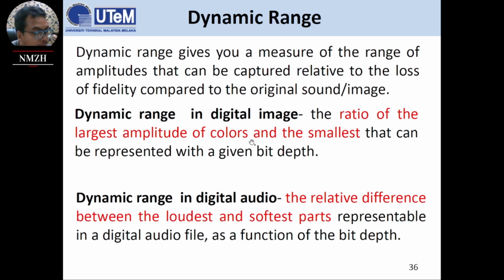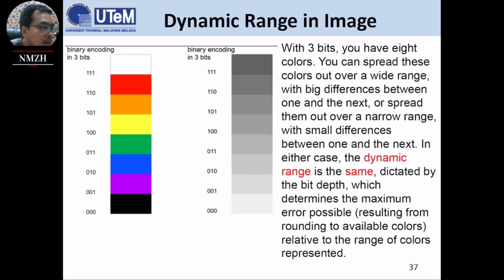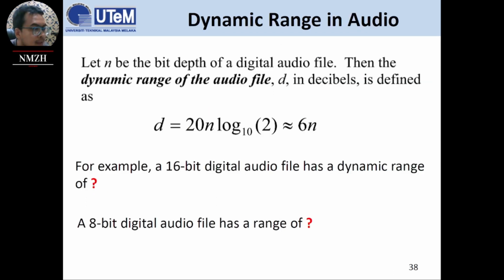While in audio, it is the difference between the loudest and the softest. So that will be dynamic range. So this is dynamic range in terms of images. So we have the same range for 3-bit images.